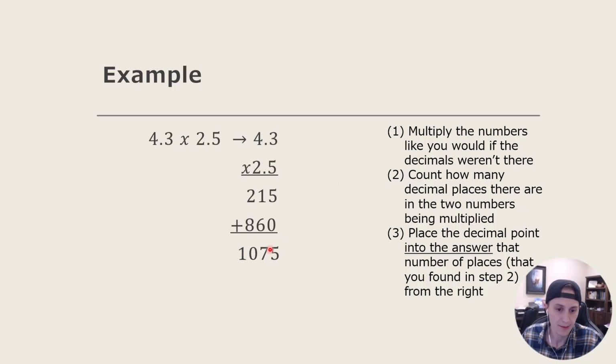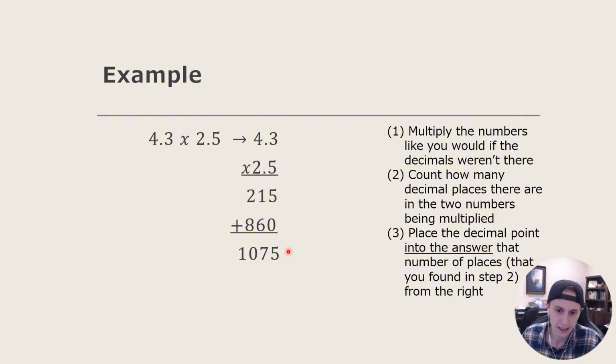Now this was all step 1. The answer of 4.3 times 2.5 is not 1075, I hope obviously. That was just step 1. Next we have step 2, which says count how many decimal places there are in the two numbers being multiplied. So we look up here at 4.3 and 2.5. How many numbers are to the right of the decimal point? 1, 2.